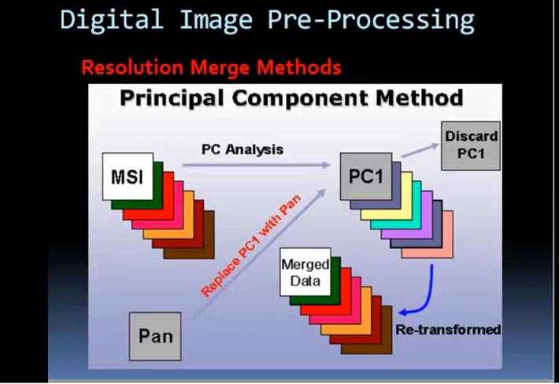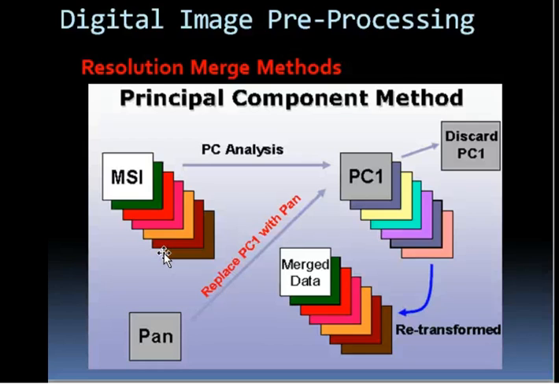Other resolution merge options are even more complex, and an example of that is a principal component method. So we've talked before about how you can perform a principal components analysis to take your original bands and essentially rearrange them into a new set of bands to maximize the variability in your pixels so that you can really identify different features clearly.